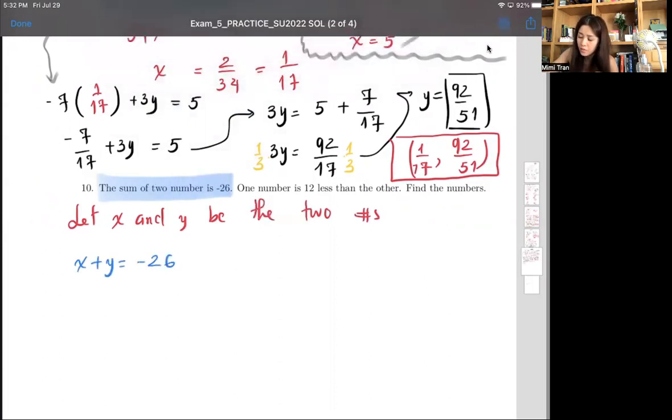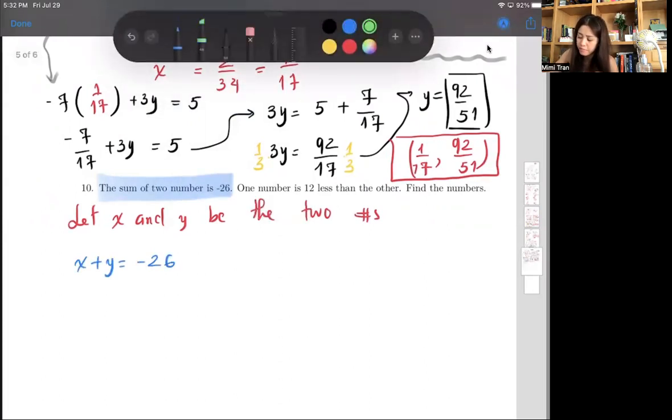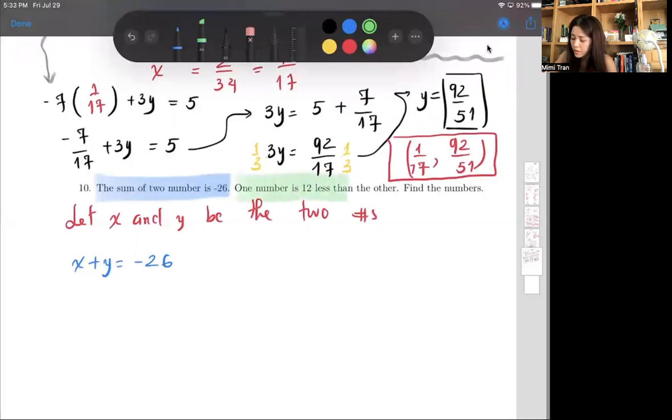The second one says one of the numbers is 12 less than the other. So let's just say x is bigger than y. You can do y bigger than x, doesn't matter. So that means y is equal to x minus 12, right?